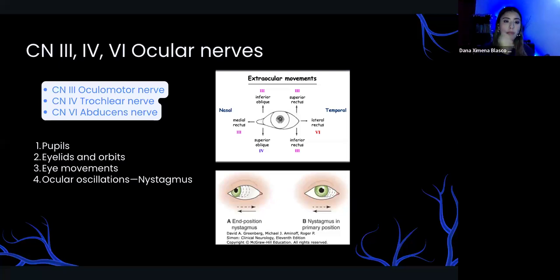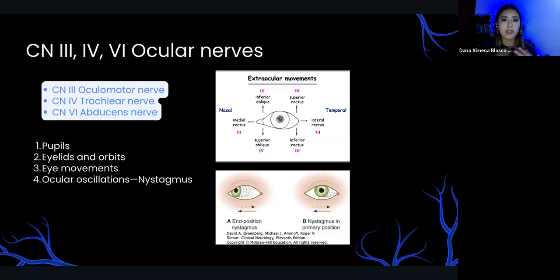So moving forward to our ocular nerves. These ocular nerves, all of them are explored at the same time, because all of them are connected in their functions. We have cranial nerve number 3, oculomotor nerve, cranial nerve 4, trochlear nerve, and cranial nerve 6, abducens nerve.